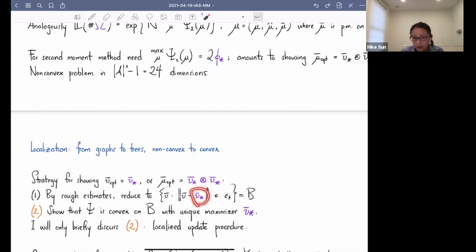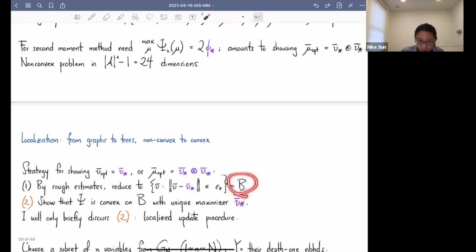You can figure out what you hope to be the maximizer by solving some tree recursions, and then you want to show that the maximizer must be pretty close to that. Then once you've localized it to this small region, you have some hope to show that the function is convex when restricted to that region and has a unique maximizer, which is what you want. So I'm going to briefly discuss this second step, which we do by a localized update procedure.